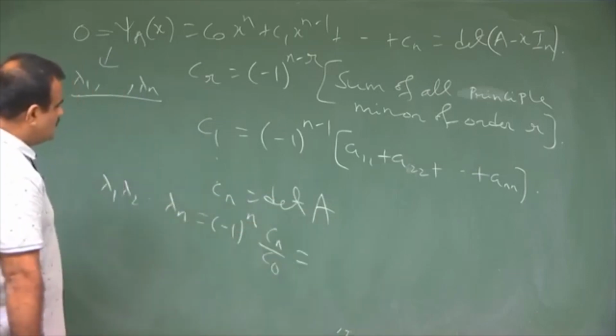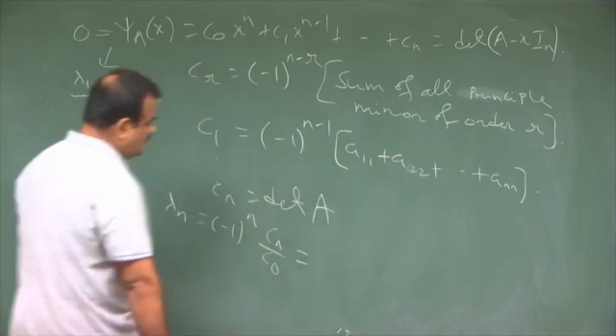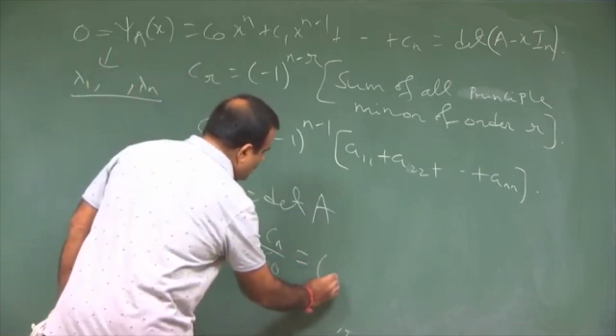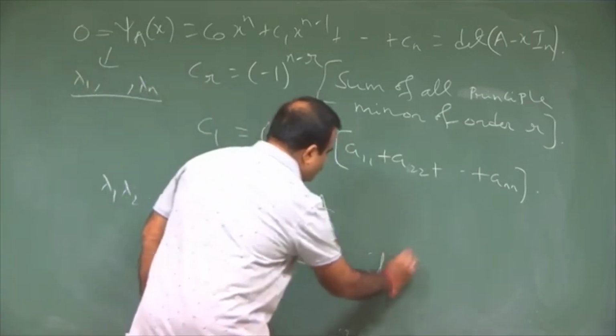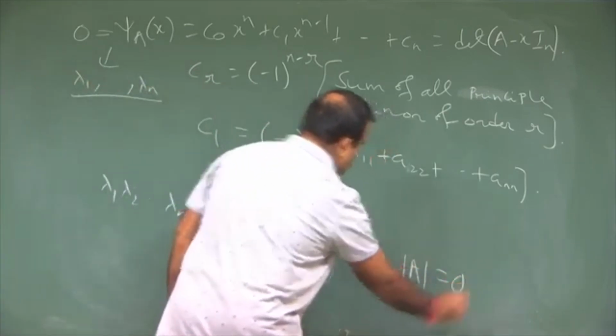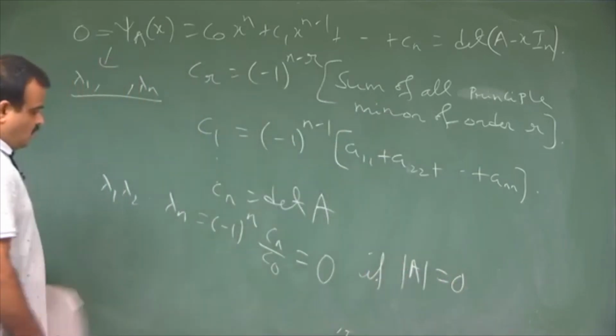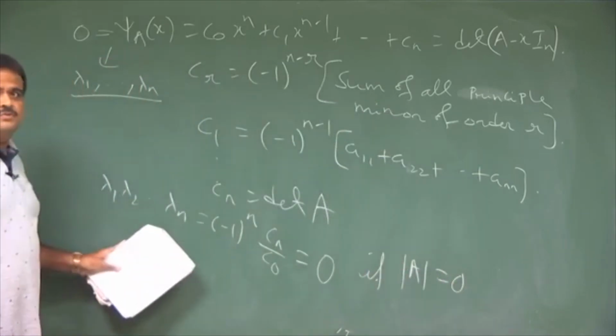Now, if A is singular, then the determinant is 0. If the determinant is 0, that means one of these eigenvalues has to be 0.